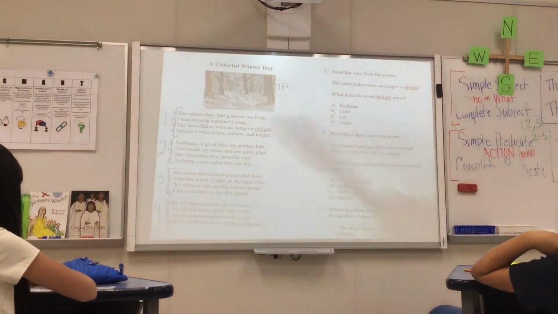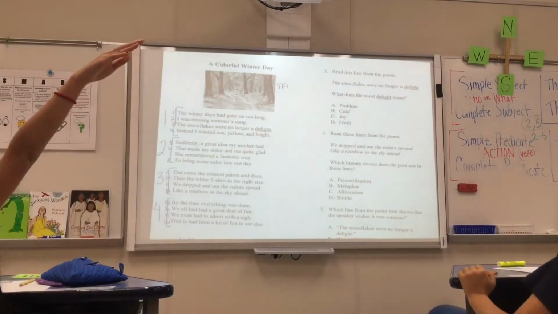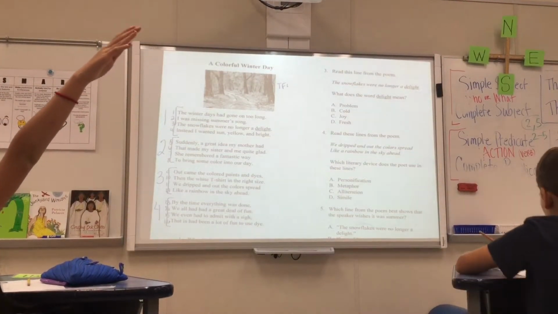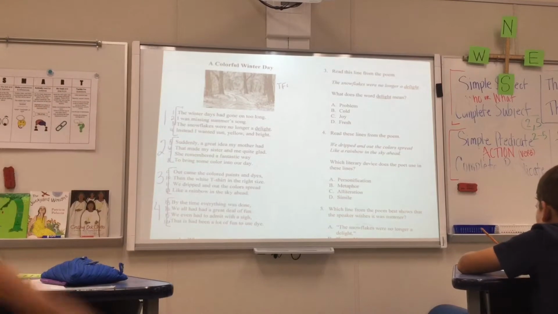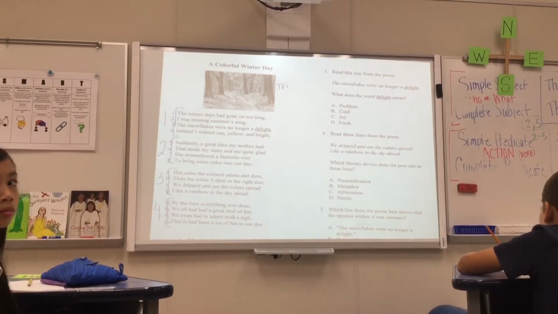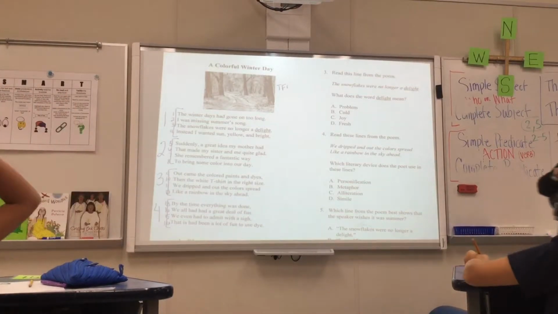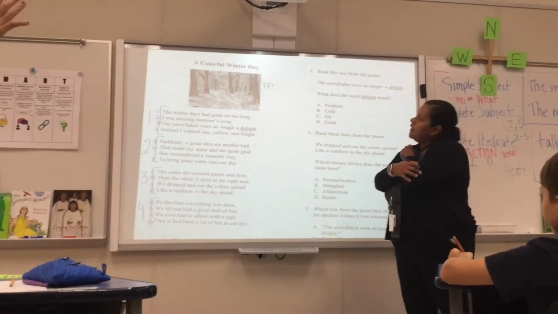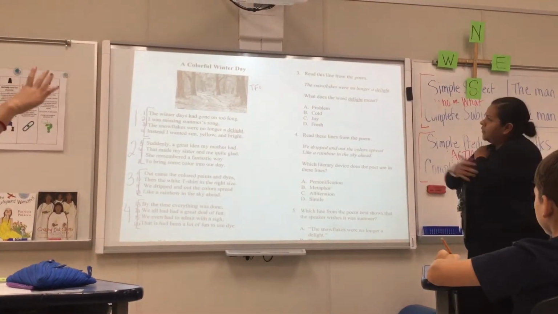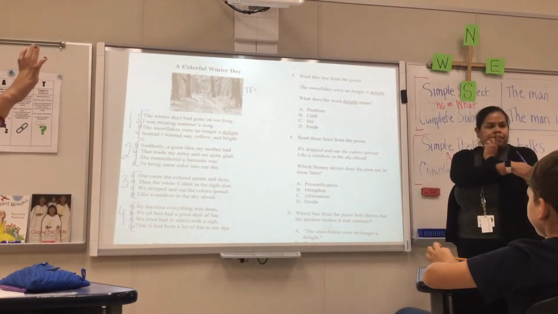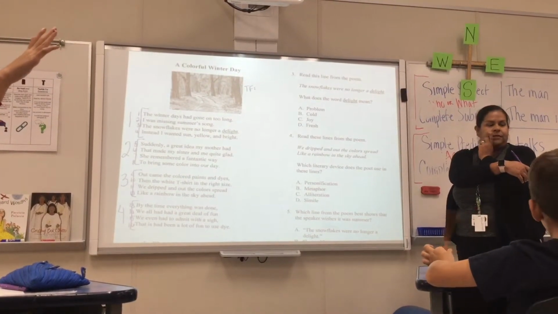Now, what type of text feature is this? What do you think, Nathan? What does this look like to you? Think about the text features that you learned in possibly 2nd or 3rd grade. Okay, so you have time to process.